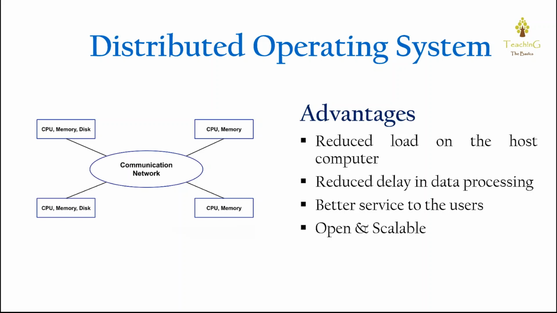If I want to add some new components to my distributed operating system, I can easily add them to that operating system network. It's a communication network, and as they are loosely coupled, it is very easy to scale up the operating system.